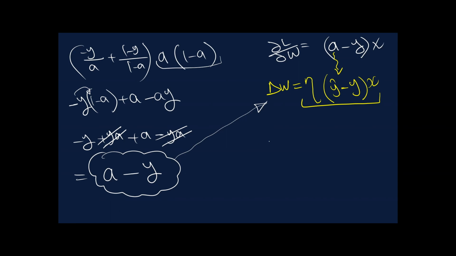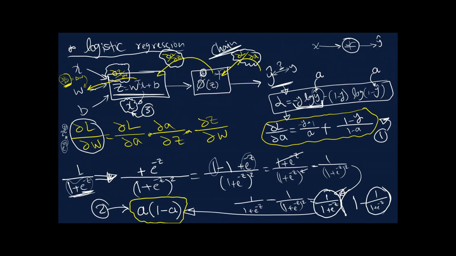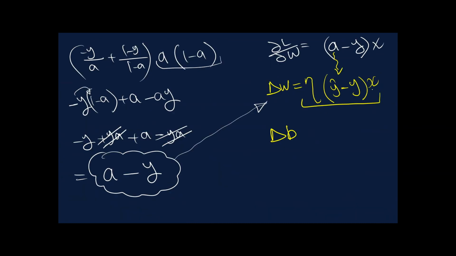Yeah. Okay, so how about the bias? I think it's very simple because for the bias, you will be using the same functions. You will just be getting the derivative of z with respect to the bias. So the derivative of z with respect to the bias will be 1. And that's why we were not multiplying by x, we were just multiplying by 1. So we'll see y hat minus y.